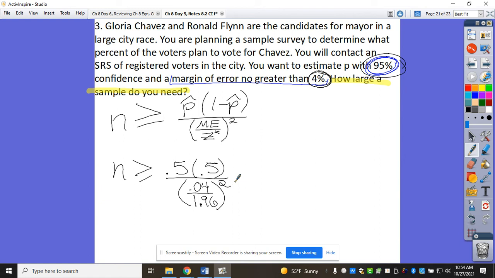And I want everybody to type that in because some people aren't going to type this right at first. If you need a calculator and you haven't got one yet, get one.